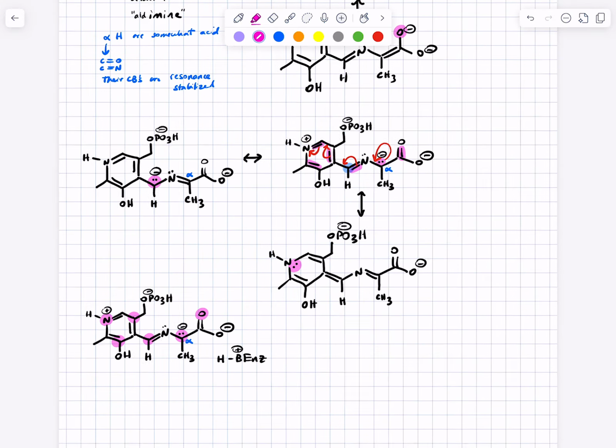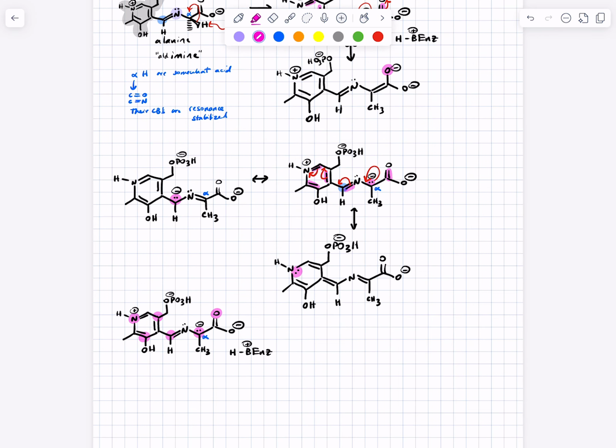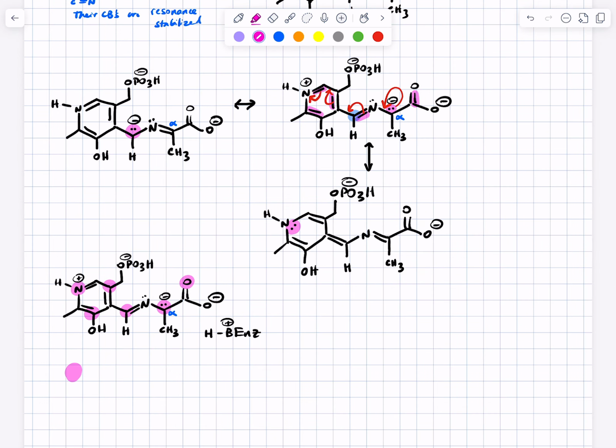So what we're trying to communicate here is that the alanine aldimine can be deprotonated on the alpha carbon to give a resonance stabilized intermediate where pink indicates places where the lone pair / negative charge, depending on which atom it's on, can be. All right?